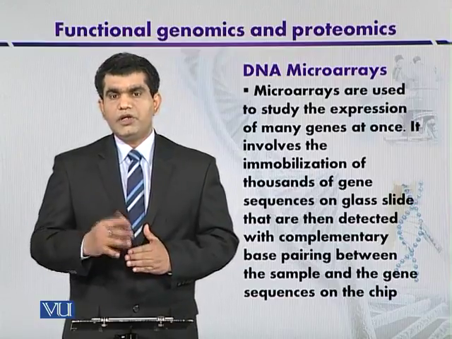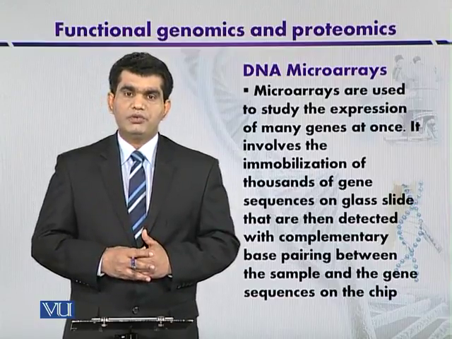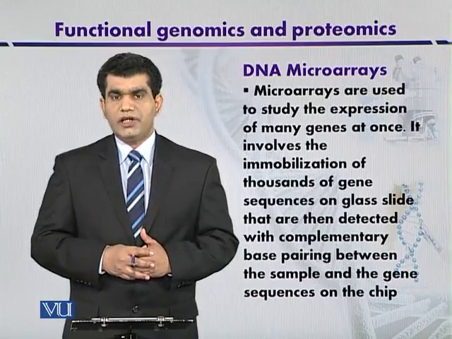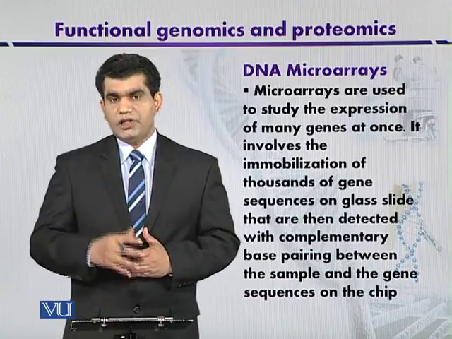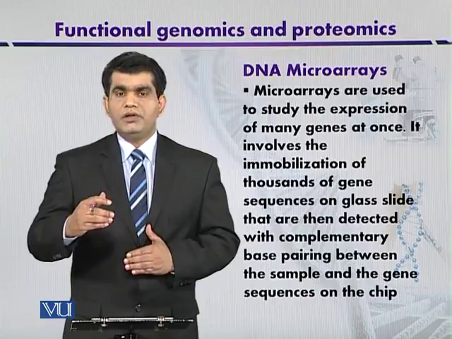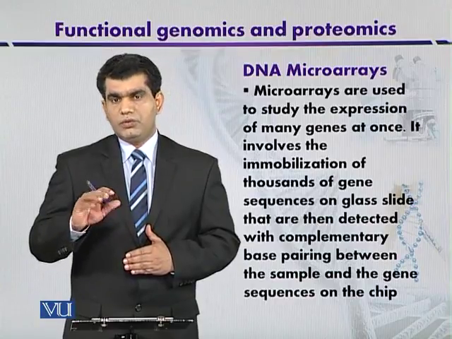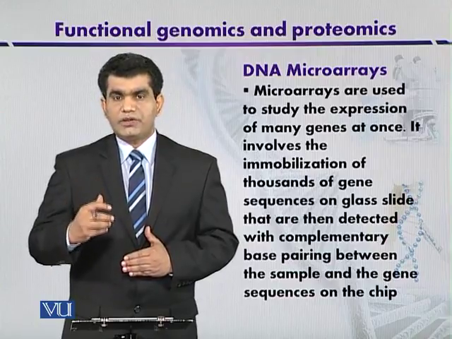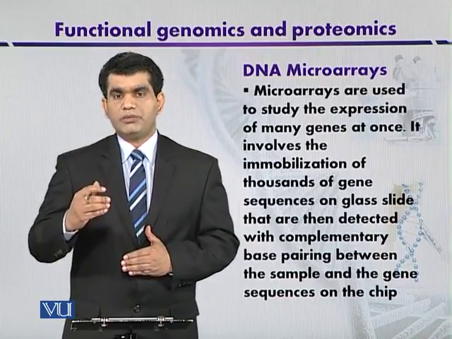Here radioactive probes can be used, or we can use some fluorescent dyes or fluorophores for the labeling. So here the probe may be labeled. In this case, the DNA or messenger RNA that we have extracted can be used as a probe.